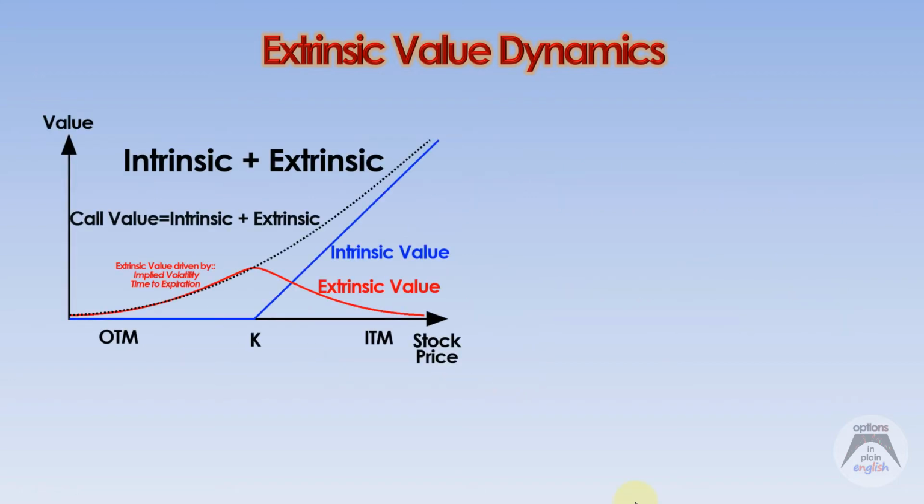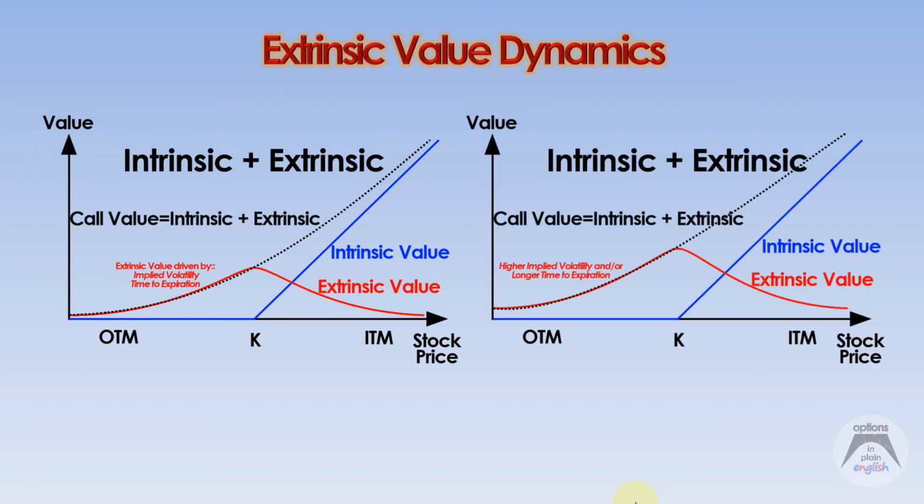Now let's take a look at the same graph that we were just looking at, and we're going to compare it to another graph where I've modified the implied volatility and the time to expiration. So as you can see, here we're analyzing two situations. The first one is the one that we just looked at, and then the second instance is where the option is the same option, but we've gotten higher implied volatility and or a longer time to expiration.